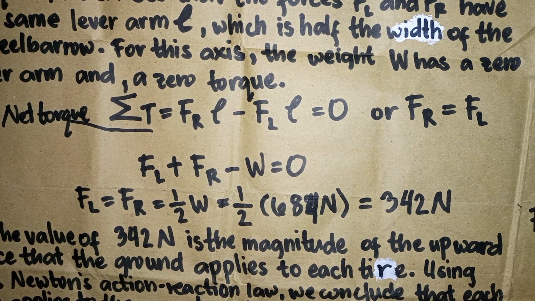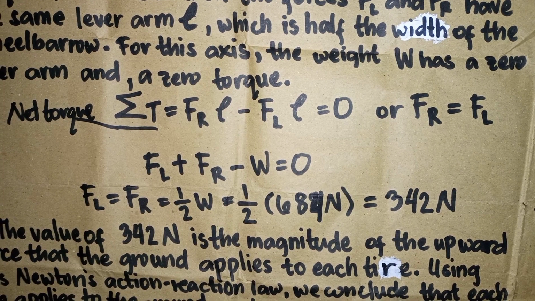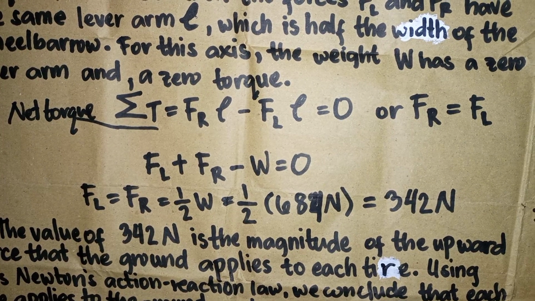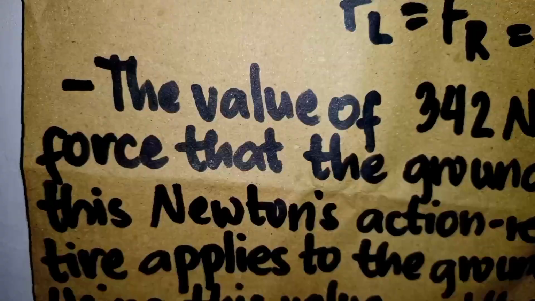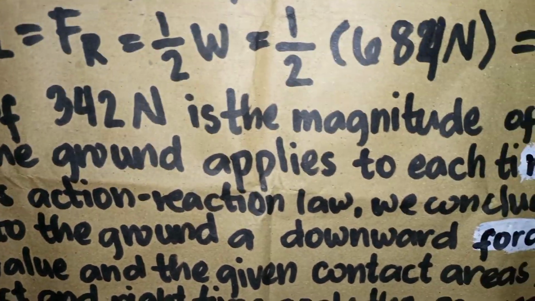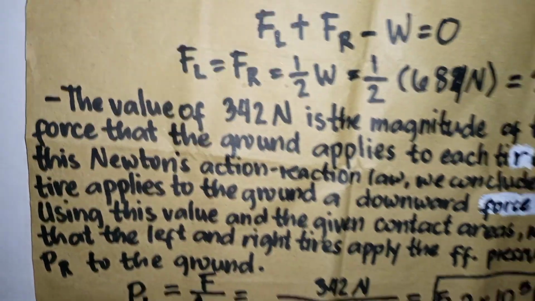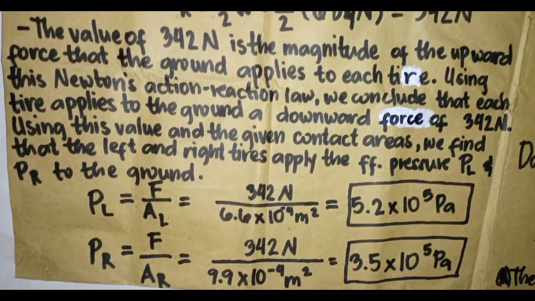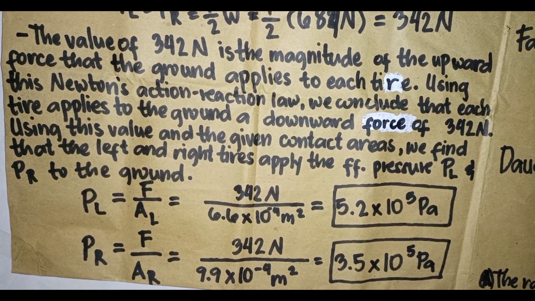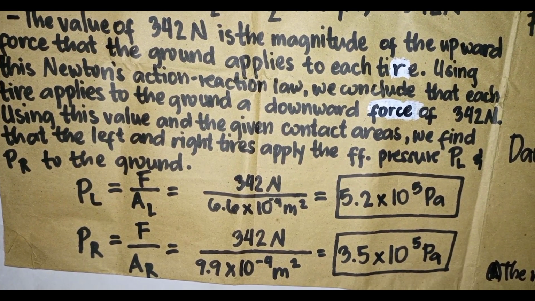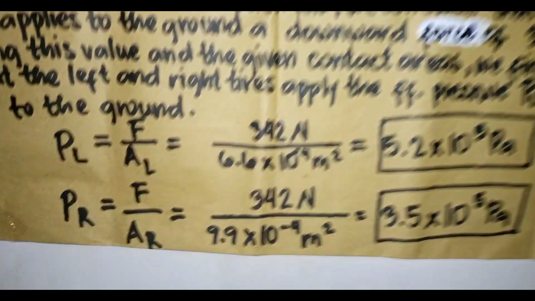Then force left equals force right equals 1/2 the weight, which equals 1/2 times 684 Newton, the weight of the wheelbarrow from earlier, equals 342 Newton. So the value of 342 Newton is the magnitude of the upward force that the ground applies to each tire.